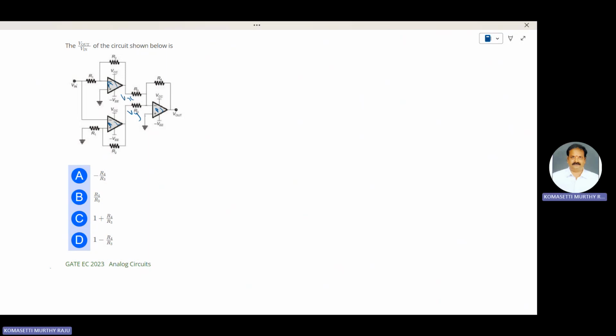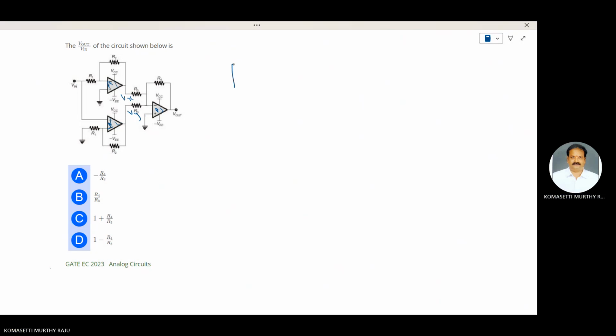First, we calculate the Vx value. This one is positive, this one is negative.